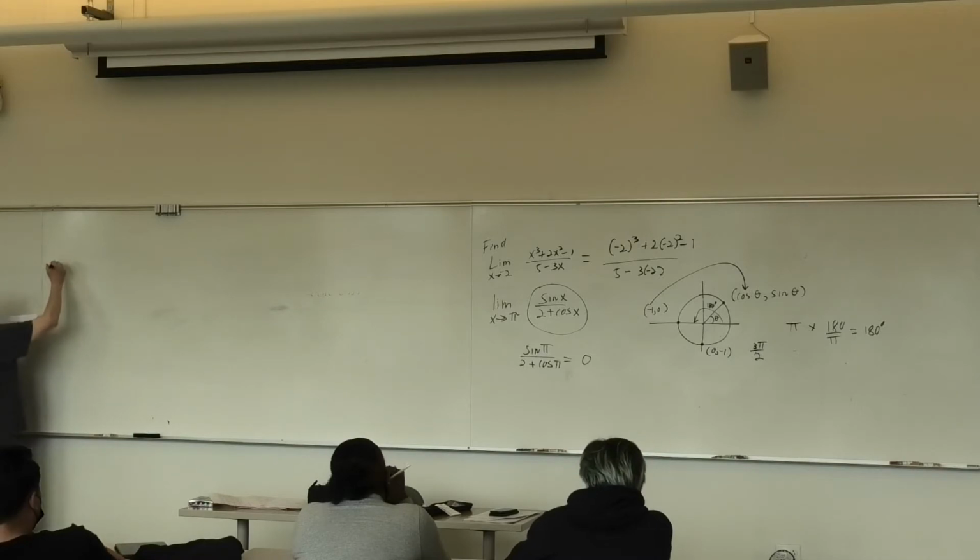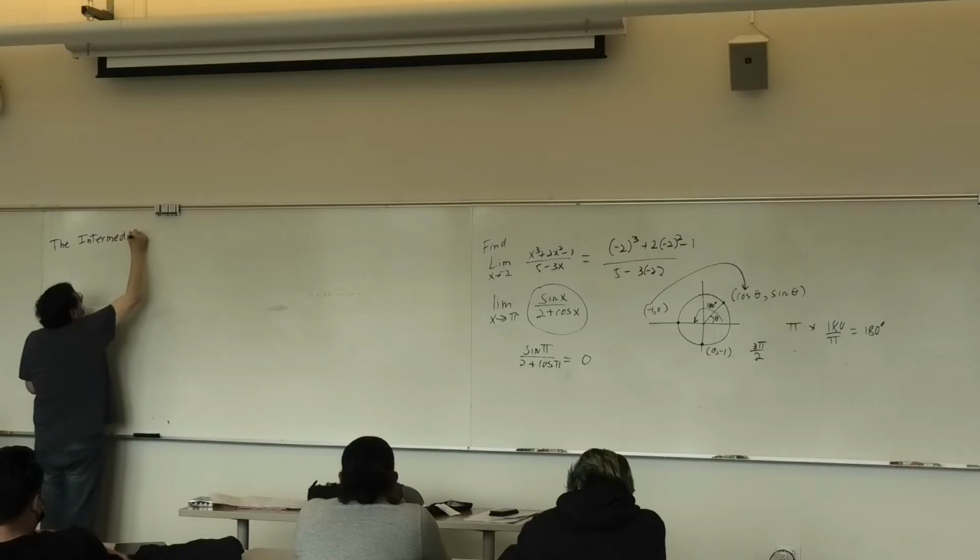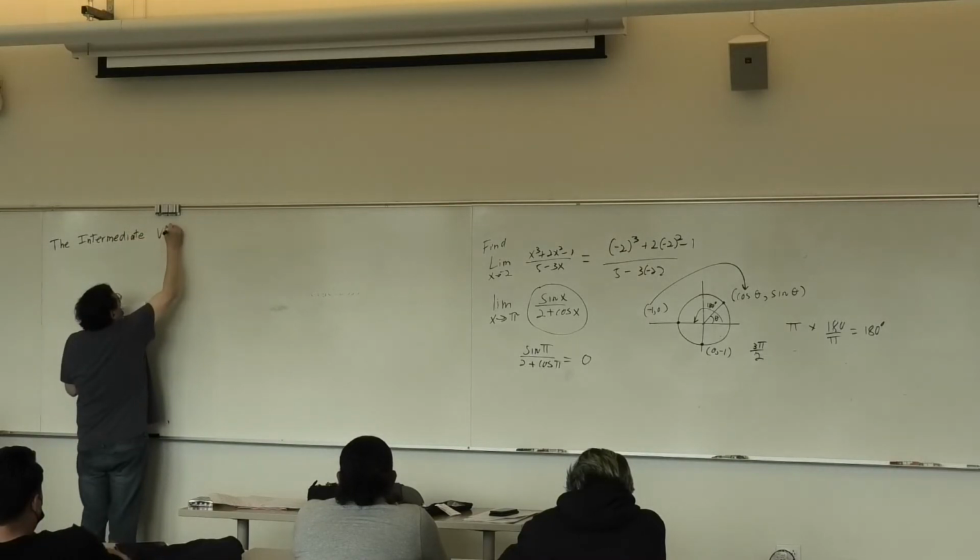So the first is called the intermediate value theorem.